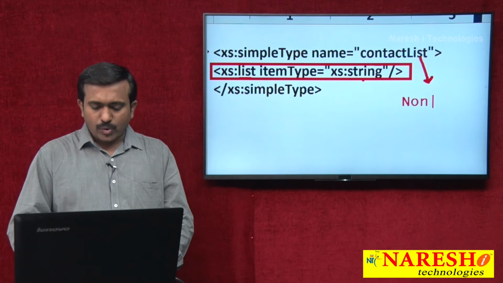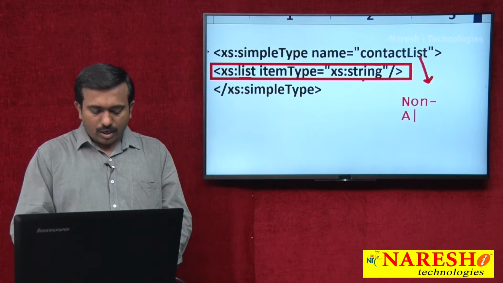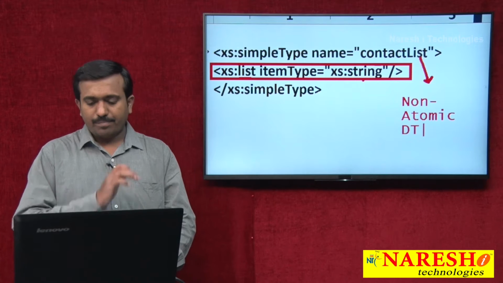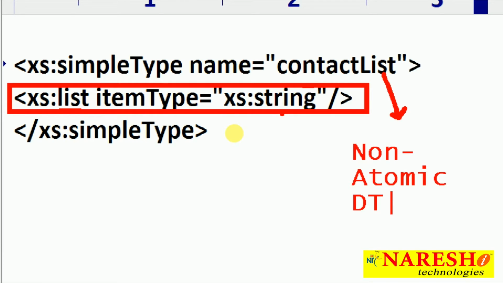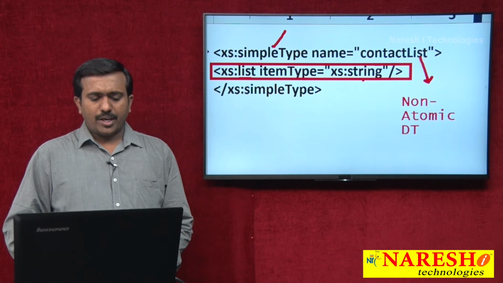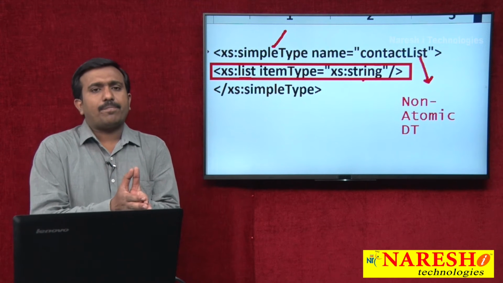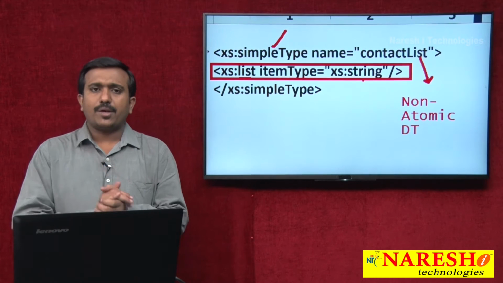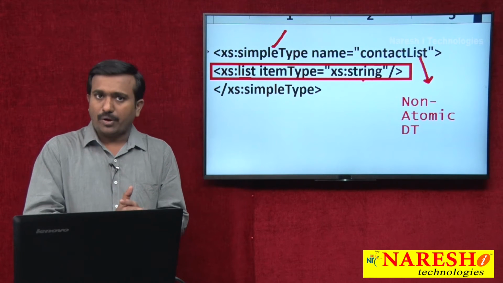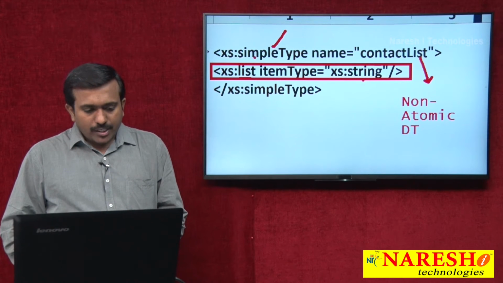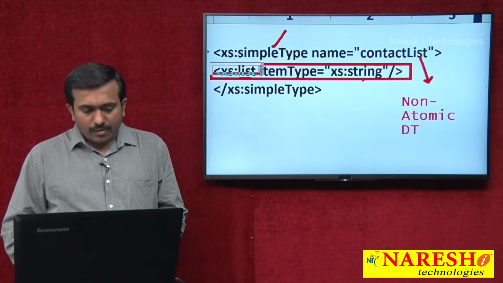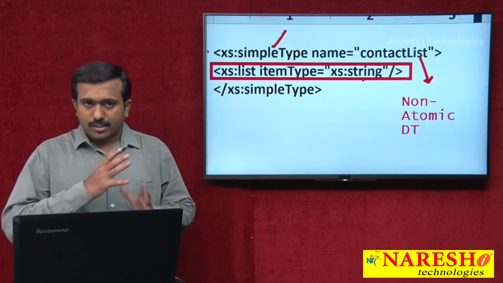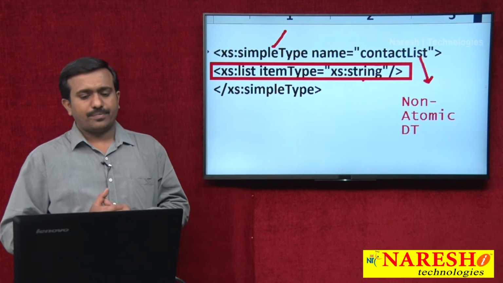So the contact list data type is acting as one non-atomic data type. In the last session we discussed atomic data types. To create an atomic data type we work with simple type only, and to create a non-atomic data type we also work with simple type only. But in the non-atomic case we work with either list or union.